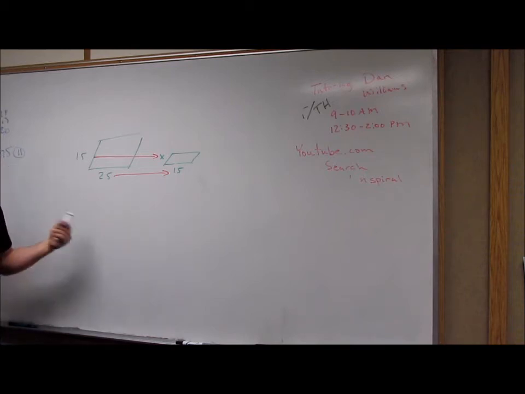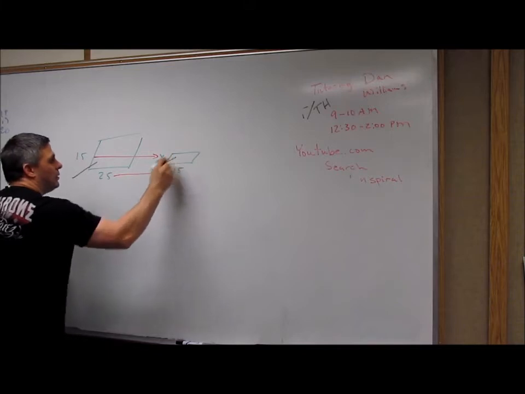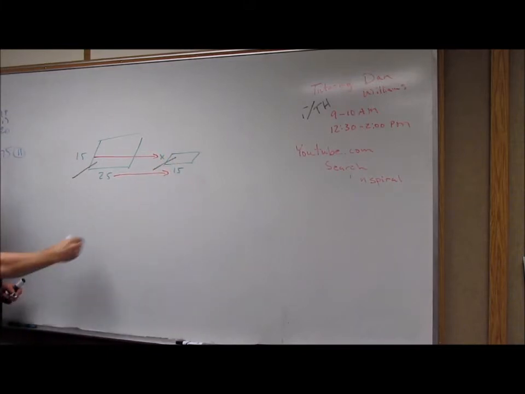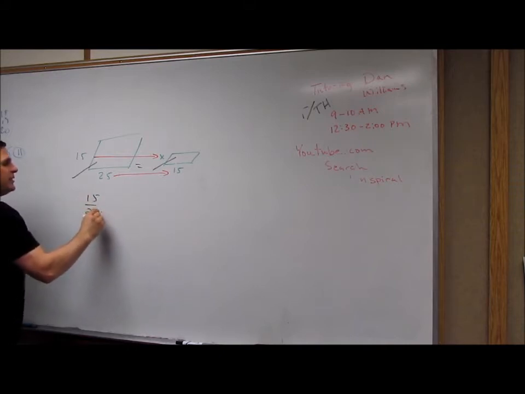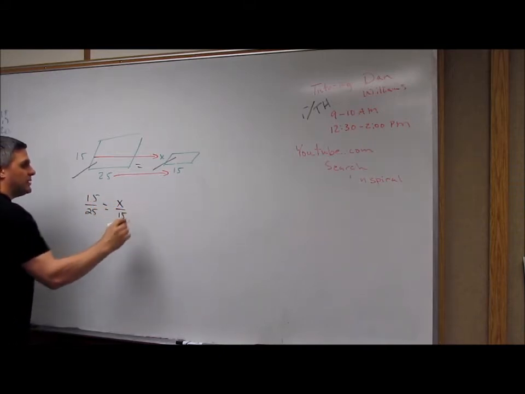How much did they get smaller? That's when the trick comes in. That's how much they got smaller. So we have 15 over 25 equals X over 15.